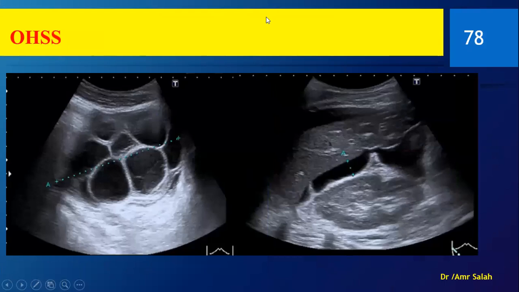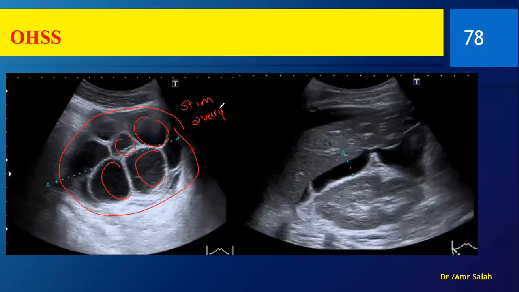This is by the ultrasound. Look at this here. This is an enlarged ovary with enlarged follicles. They're arranged everywhere. So this is a stimulated ovary. Okay. Then I would complement my exam and look at her abdomen. Look at the Morison's pouch. If she's having fluid here, look at this. This is free fluid between the liver and the kidney.